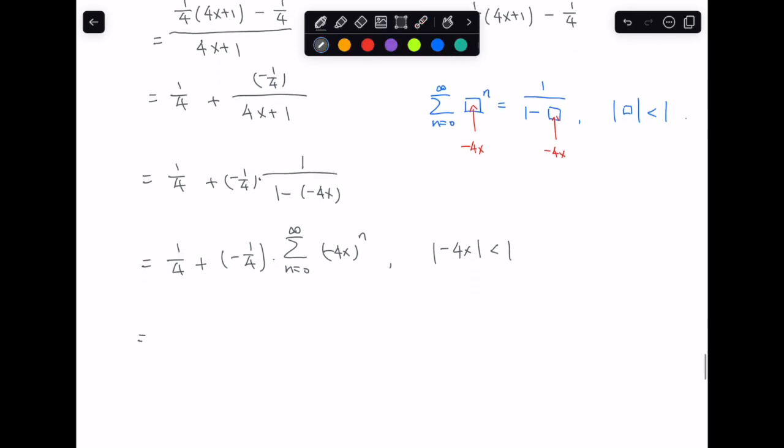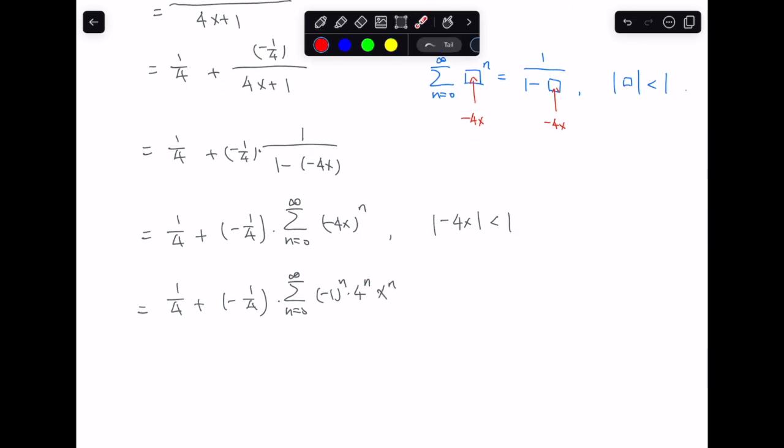Okay, so we can continue writing this, and then -1/4, and then for the sigma, we can have this -4 raised to -1 raised to n multiplied with 4 raised to n, and then x raised to n.